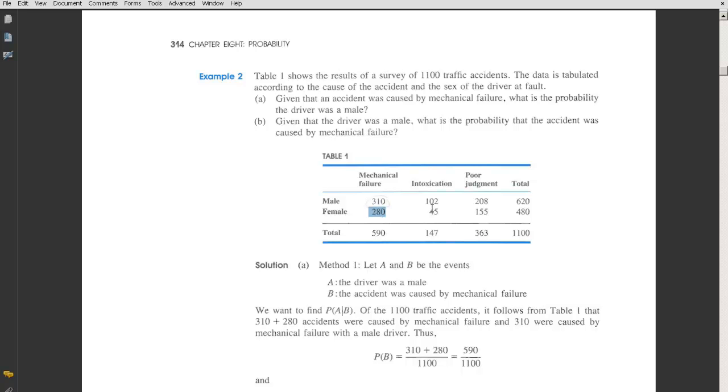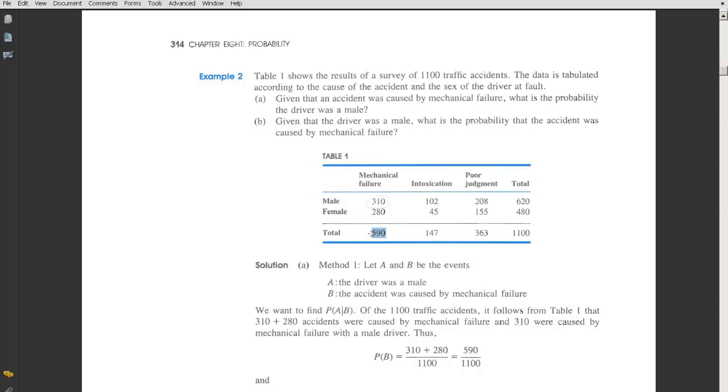How many cases of intoxication was the cause? 102 for male, 45 for female, 147. Poor judgment, here, plus it gives us this. So what do these numbers have to add up to? They have to add up to 1,100, right? There's only three. And what is this? This is the number of cases for mechanical failure.